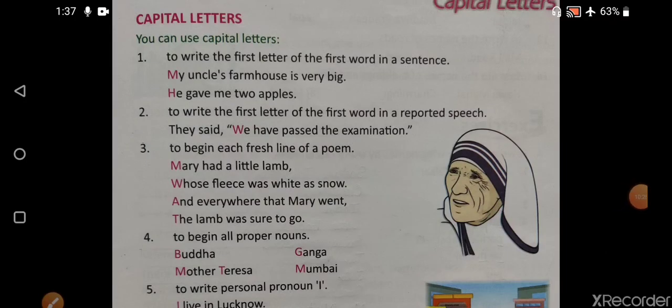So now, first is to write the first letter of the first word in a sentence. Whenever we are starting a sentence, we have to use a capital letter. To write the first letter of the first word in reported speech. So whenever we are writing reported speech, we write the first alphabet as a capital. To begin each fresh line of a poem. Whenever we are starting a fresh line in a poem, we use a capital letter.